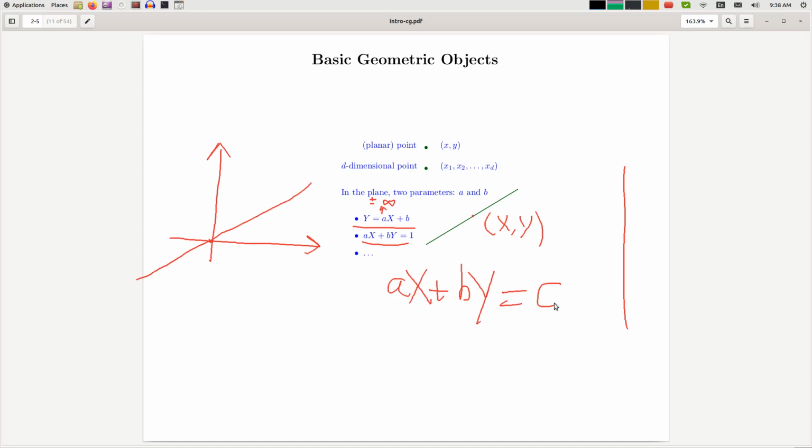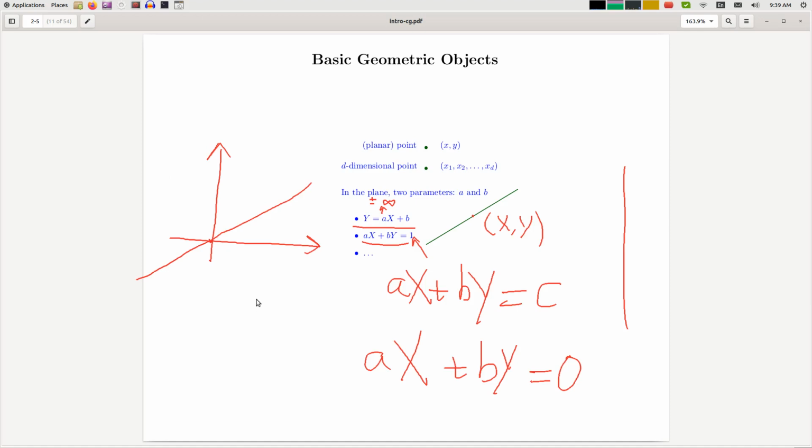This is obviously redundant because it only matters whether c is 0 or not. If c is not 0, then we can divide both sides by c and go back to the previous representation. But if c is 0, then we have ax plus by equals 0, and that is essentially all the lines that pass through the origin.